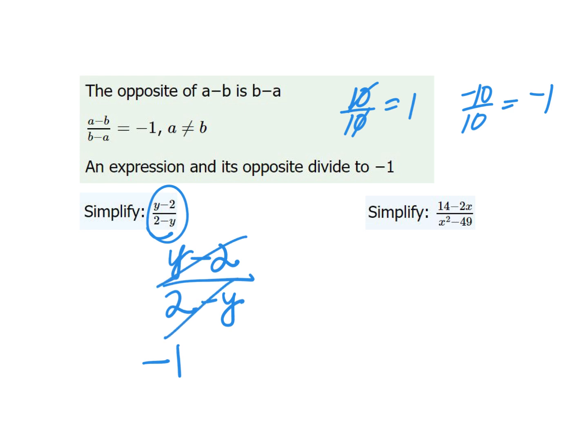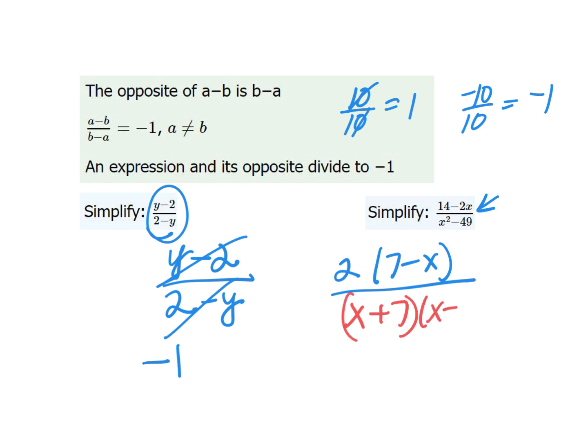And so that could be intertwined with our problem now. So if we look at this one over here, our GCF is going to be 2, and I'm going to have a 7 minus x. In the denominator, I have an x plus 7 and an x minus 7 because I have a difference of two perfect squares.